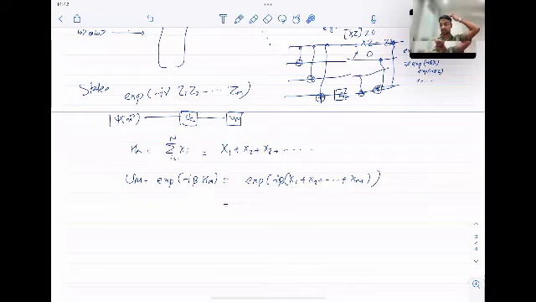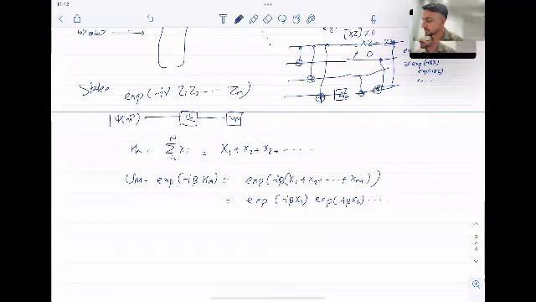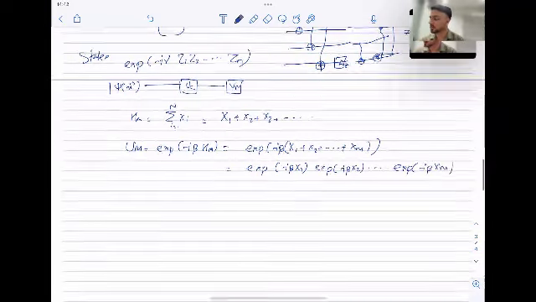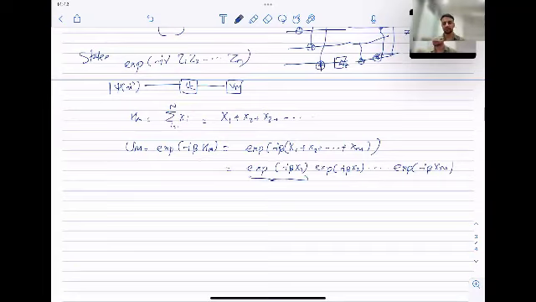I have X1 plus X2 plus X3, up to XM. So what would this be? Right, as a product. Okay, that's the first step. So write this as a product. Yes, exactly. The reason why you can do that is because they commute, right? Okay, very good. But how do I implement this on a circuit level?